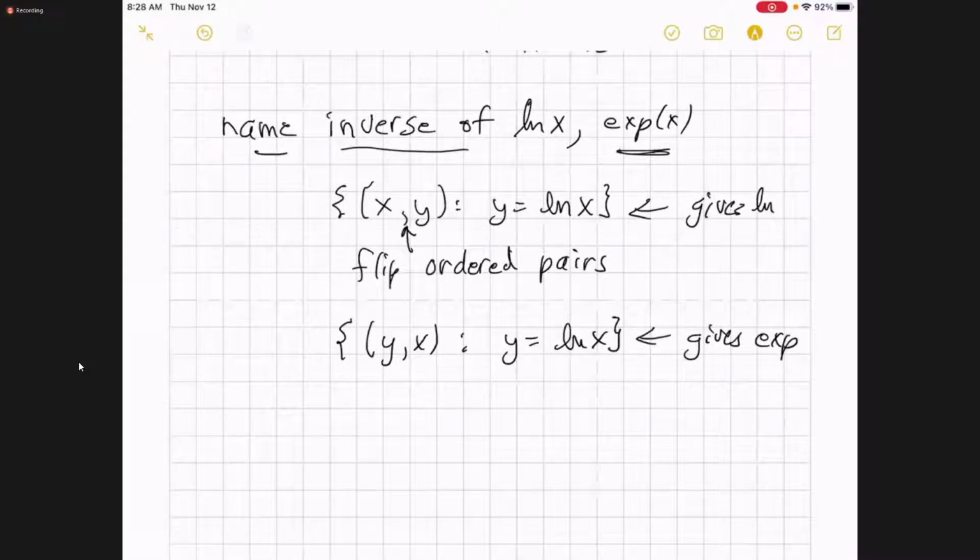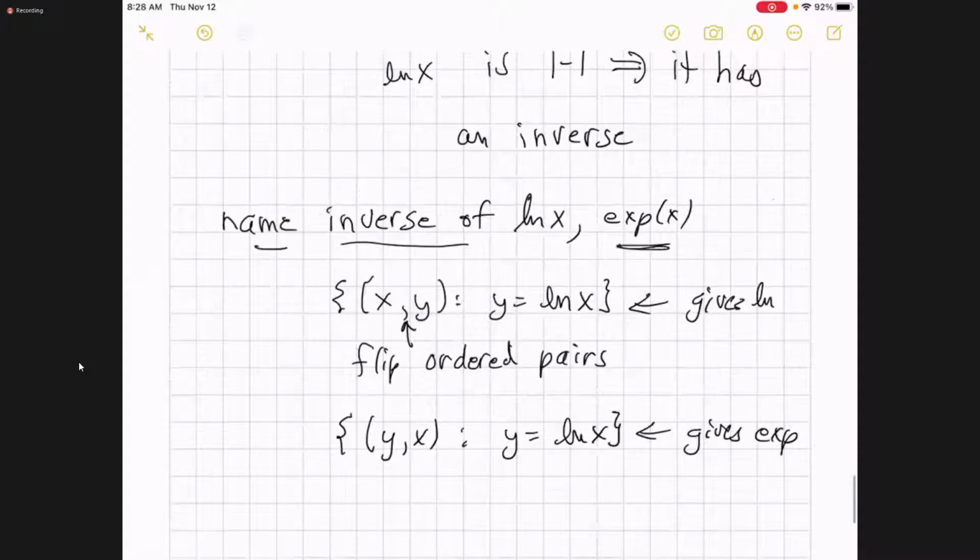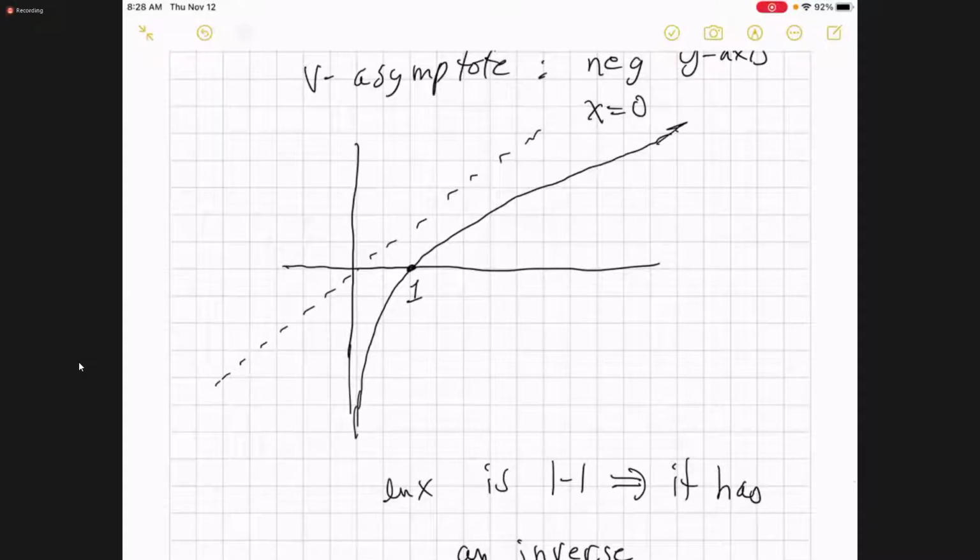And geometrically, that means we are going to reflect the graph of the natural log about the diagonal line. Okay, so just think of taking this curve and picking it up off the sheet and rotating until it's back on the sheet on the other side of the diagonal line. If 1, 0 is on the natural log function, 0, 1 is on the exponential function.